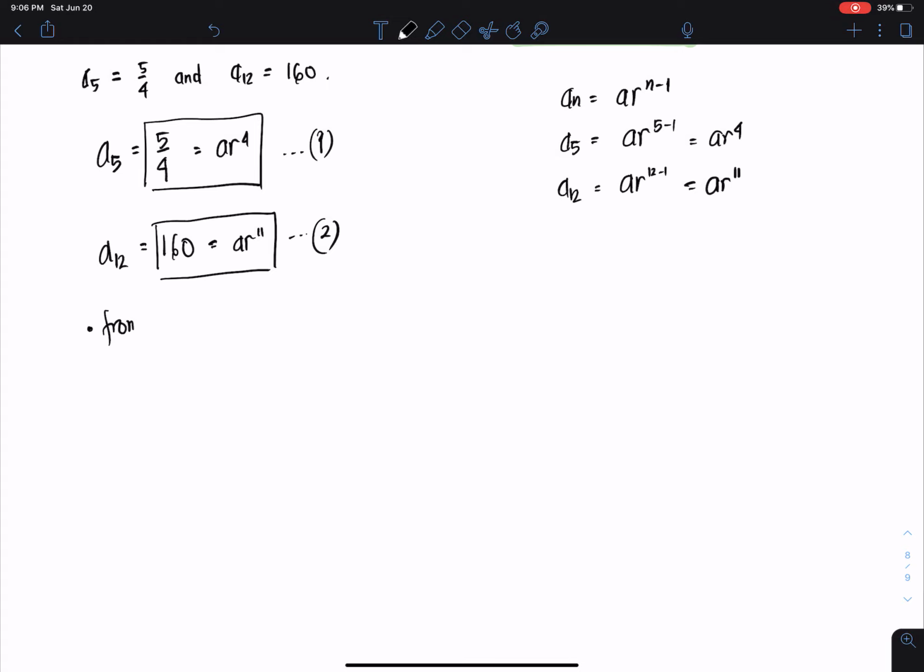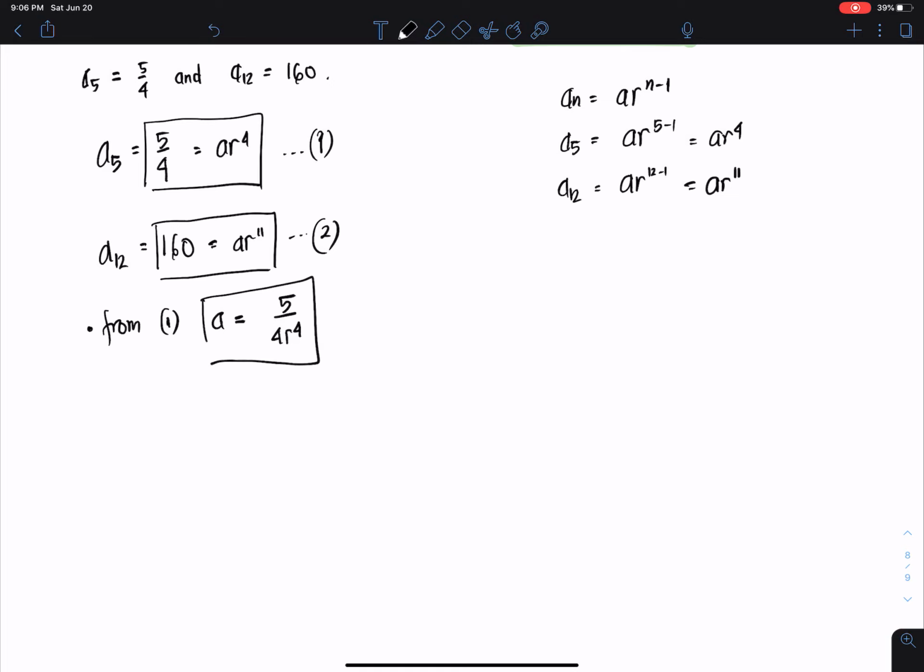From 1 we can get A, which is equal to 5 over 4 r to the power of 4. I hope you can figure out where we get this from.